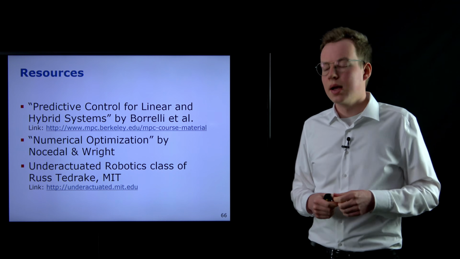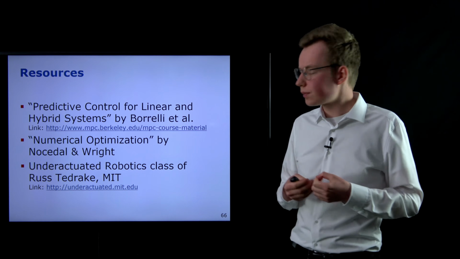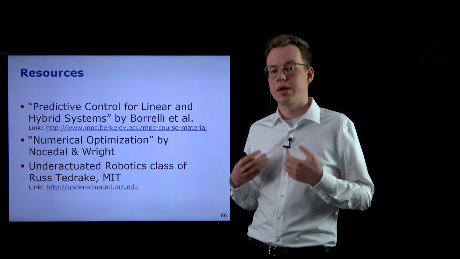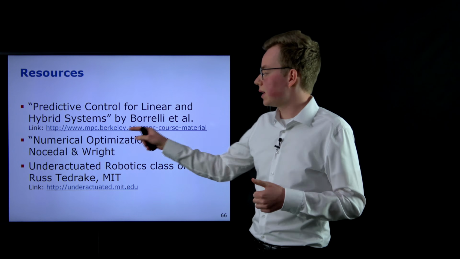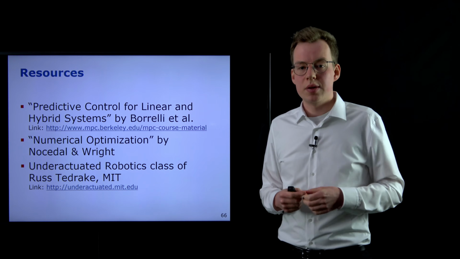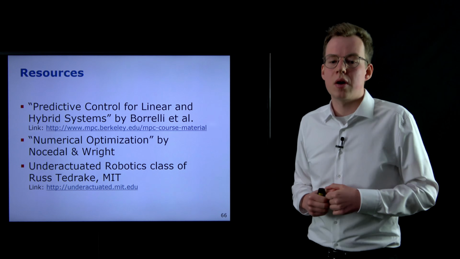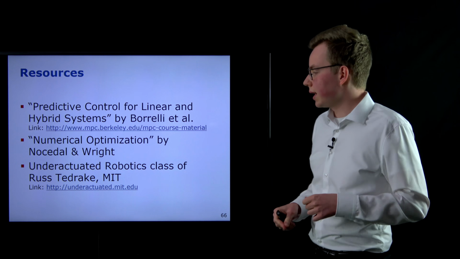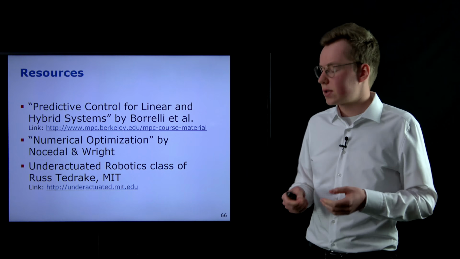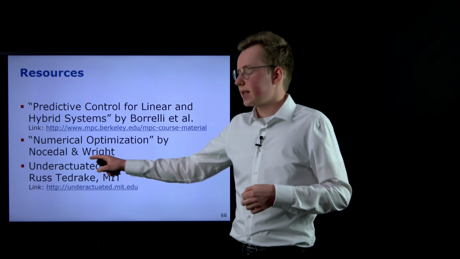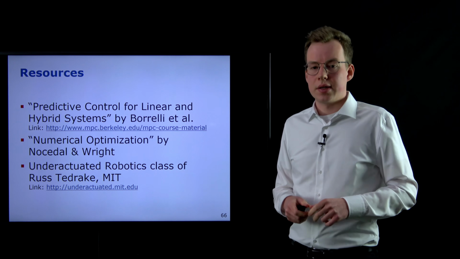If you're interested in more of the numerical background, in particular some of the tricks and practical considerations, how you can even get convergence guarantees and make these algorithms reliably work in practice, I recommend this book by Nocedal and Wright on numerical optimization. And finally, if you are also interested in optimal control in general, trajectory optimization, and maybe some coding exercises, there's a course by Russ Tedrake from MIT on underactuated robotics.